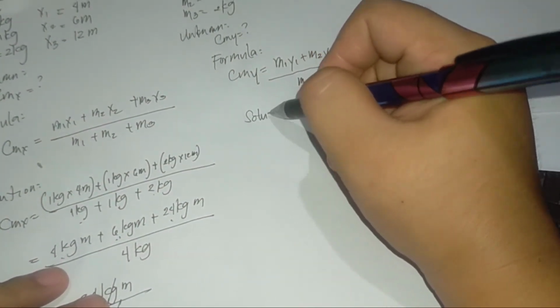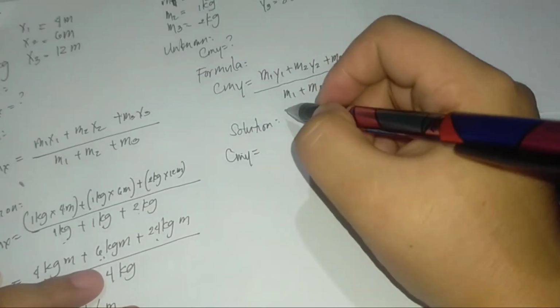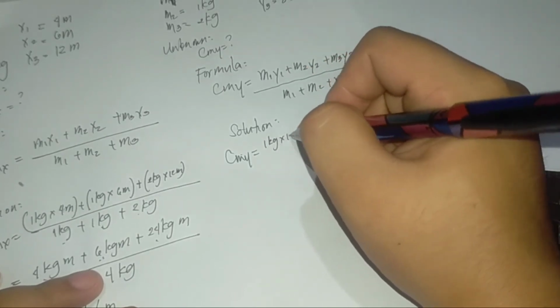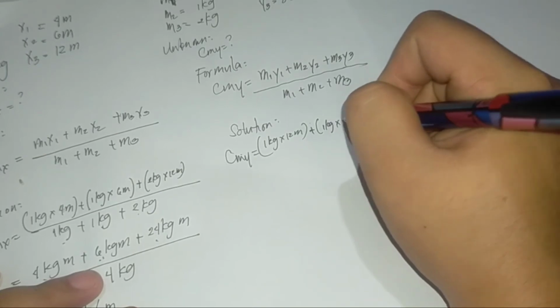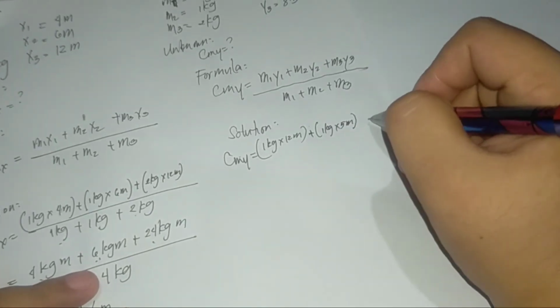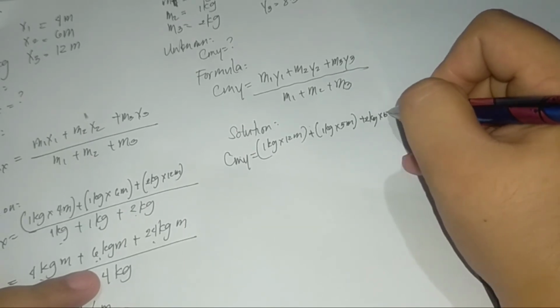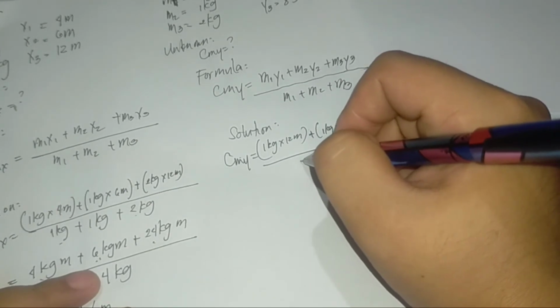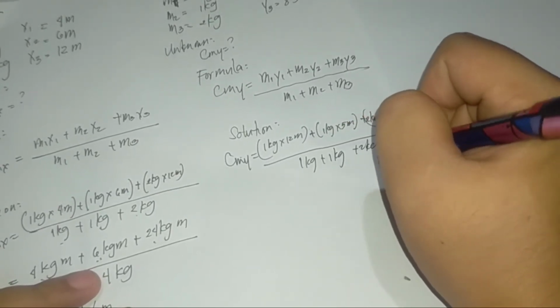Then for the solution, substitute again. So we have CMy. m1 is 1 kilogram times 12 meter plus 1 kilogram times 5 meter plus 2 kilogram times 8.5 meter divided by 1 kilogram plus 1 kilogram plus 2 kilogram.